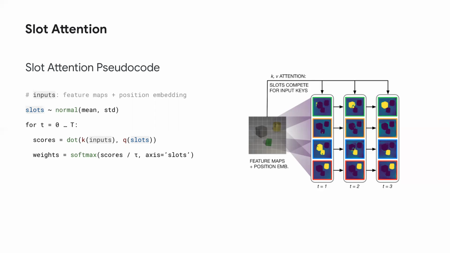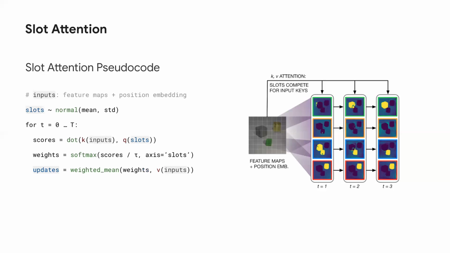So this is the inverted dot product attention. And the intuition here is that since you normalize on the slots axis, you create competition for the slots to split the input.